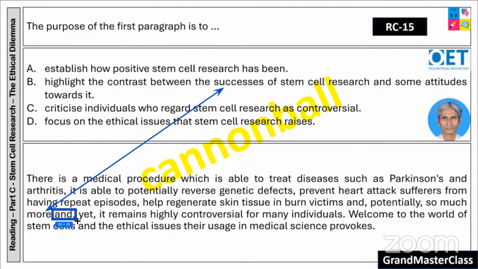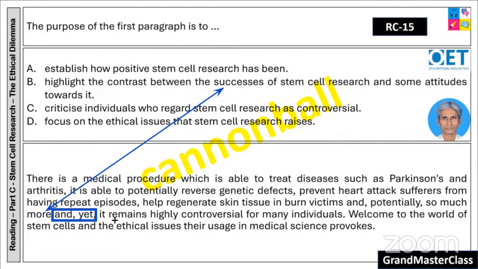And yet. So before this conjunction and after this conjunction, you can see there is a lot of difference in this particular sentence. In the last sentence, it is telling only about the ethical issues, means problems. Okay, right.